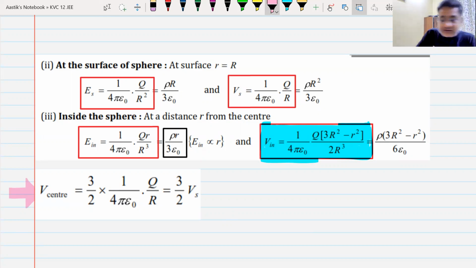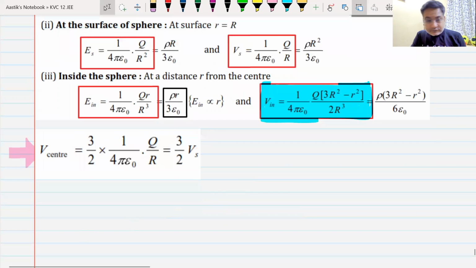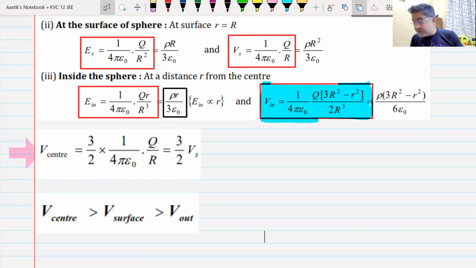All these results are so important, they are so lovely and so important that if you can remember them, you can do some really interesting problems very quickly. The next thing that you must remember, and it will come as an objective, potential at the center is the highest, followed by the potential on the surface, followed by potential outside.